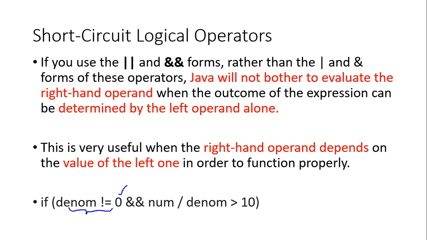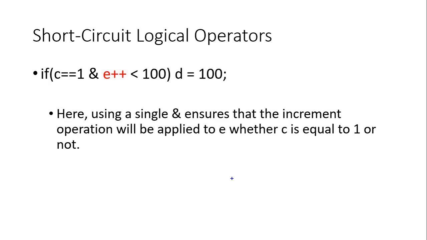Now if Java was to evaluate both of them, you would have got an exception, because if the denominator is 0, so this is false, let's assume that, and Java also evaluates this one, then whatever number may be there, division by 0 will give a runtime error saying that division by 0 occurred, that's going to be infinity and I can't perform that operation. However, you will not get that error here because of the short circuit operation.